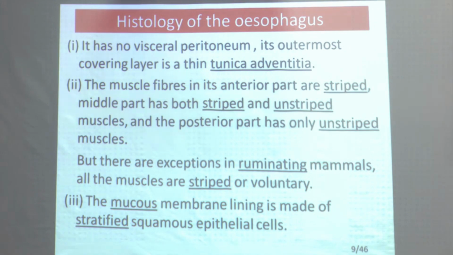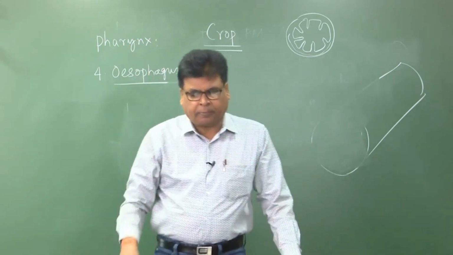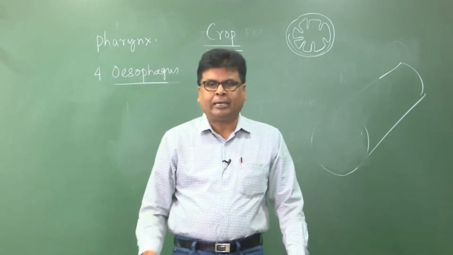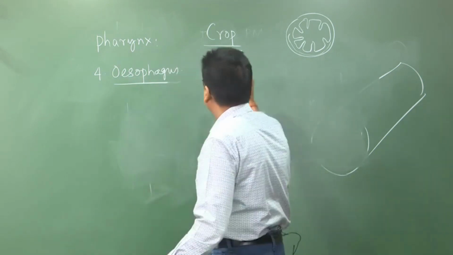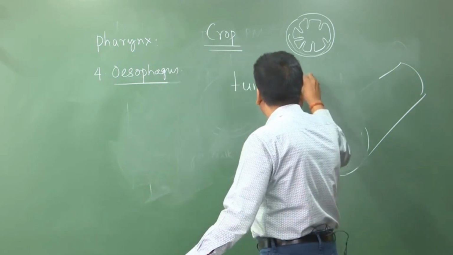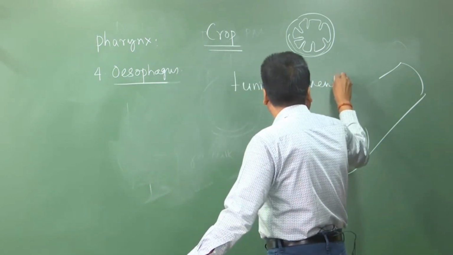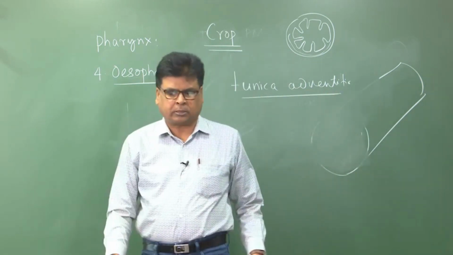The peritoneum is the typical character of the alimentary canal, but in the oesophagus the outermost covering layer is thin, and this is known as tunica adventitia. So, this is the thin outer layer of the oesophagus, number one.